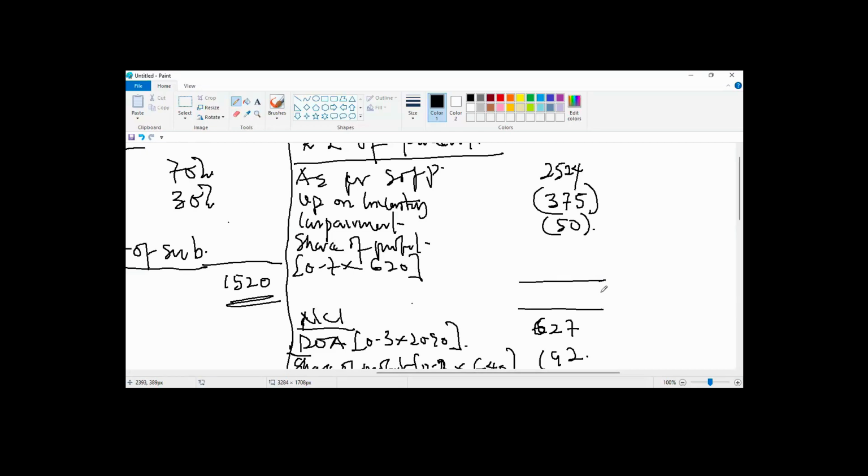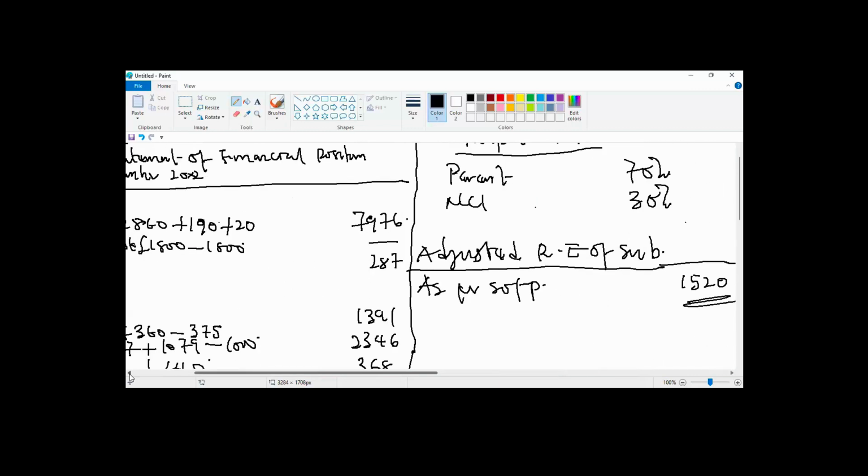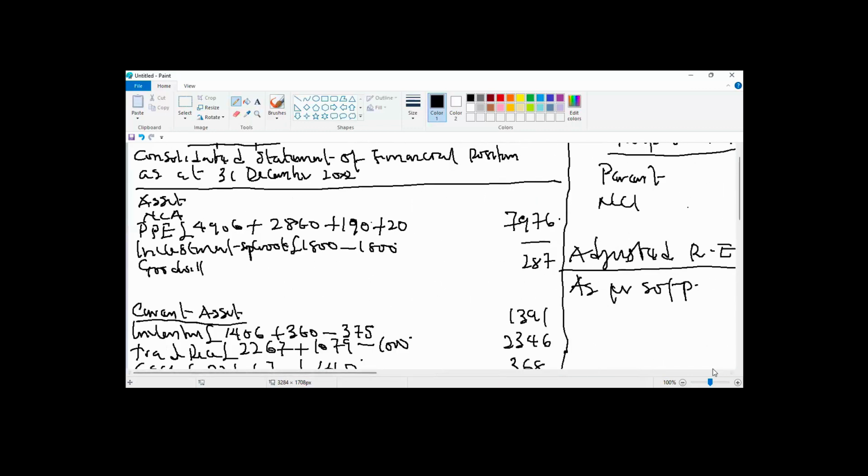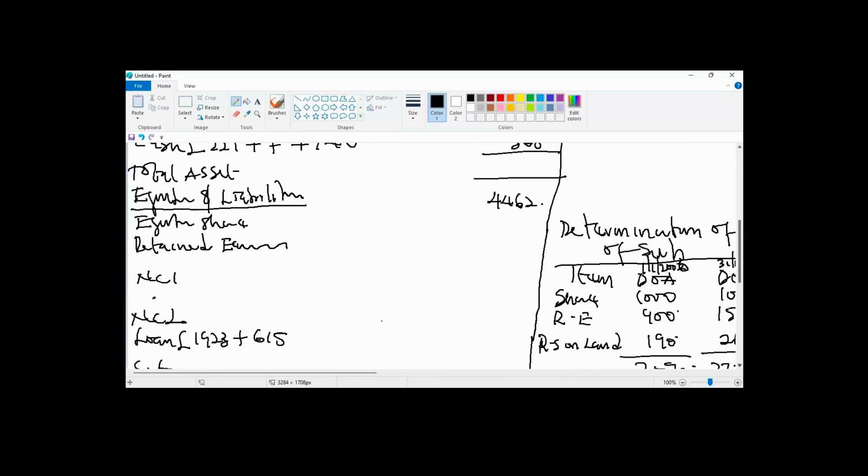Because the standard allows the parent to have a share of the subsidiary's revaluation in its book. Let's look at it. I'll go to its book. I will share the 20 revaluation surplus. It's allowed for the parent to share.